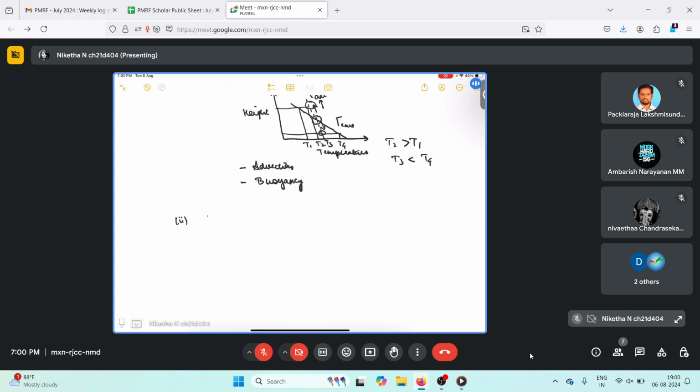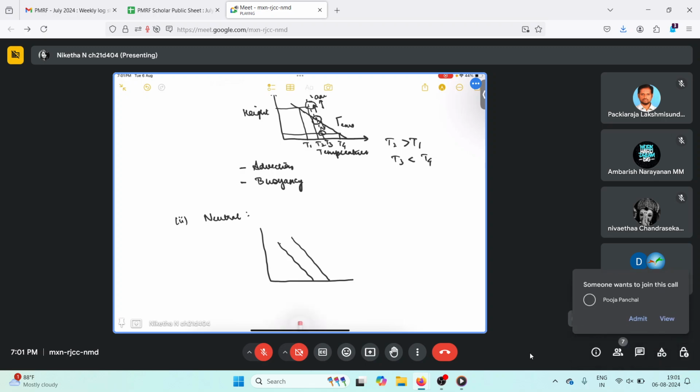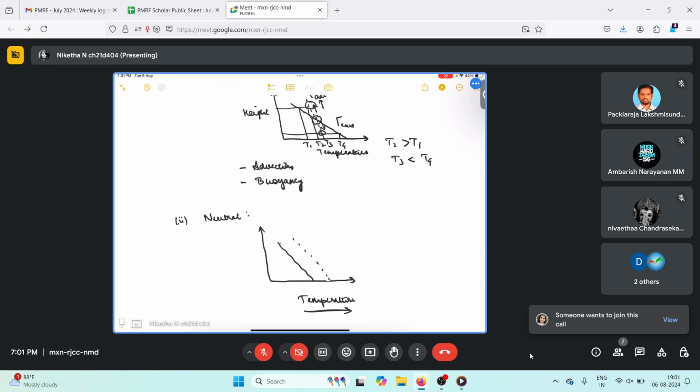Now the second type of stability is neutral. So here what happens? This is your environmental lapse rate, and this is the adiabatic lapse rate.